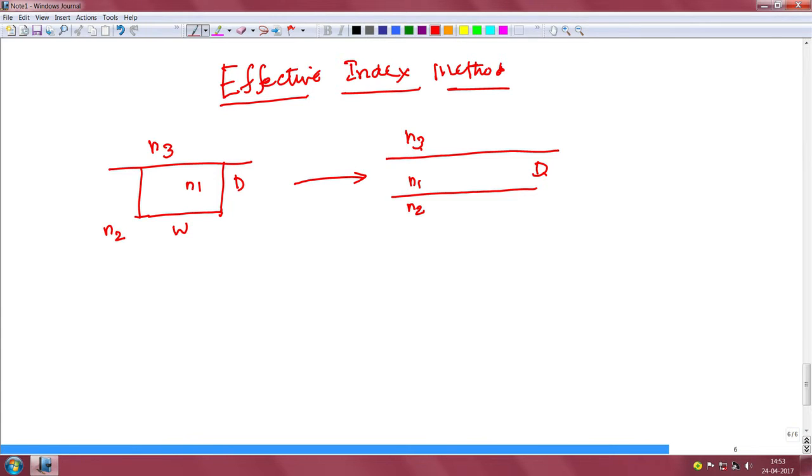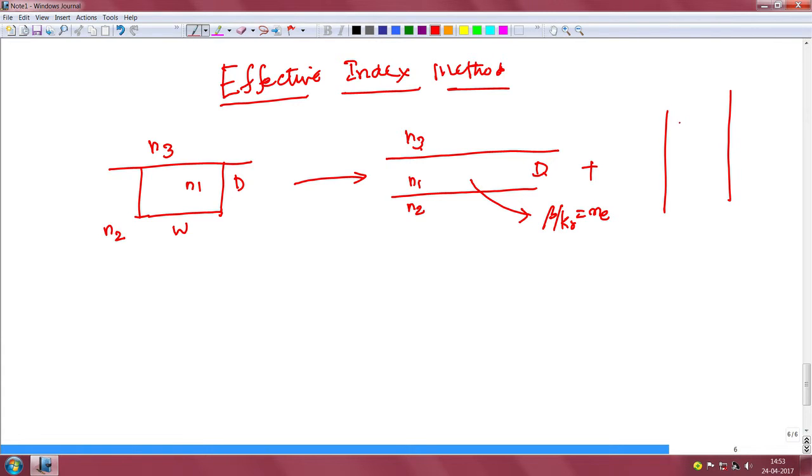So, in the effective index method, you find out the properties of this asymmetric slab waveguide, find out the beta or beta by k0, which is called the effective refractive index of the waveguide, and use it to devise another so called vertical slab waveguide.